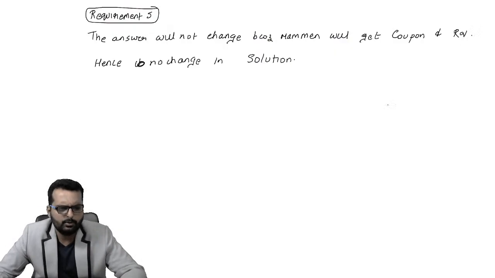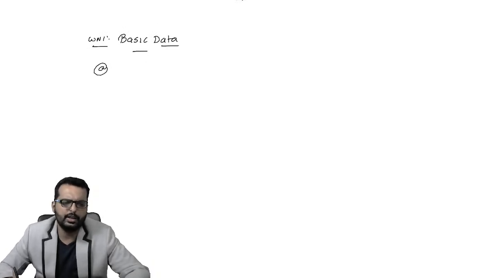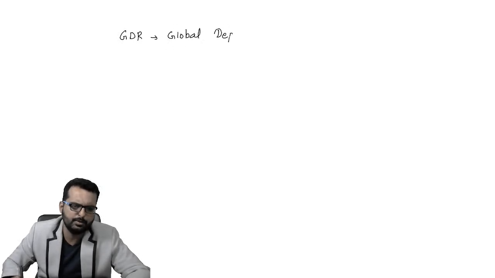Okay, so I'll write down the basic data now. Working note number 1, basic data. Friends, even before we proceed, we need to understand what is a GDR. Conceptually, GDR, the full form is Global Depository Receipts.